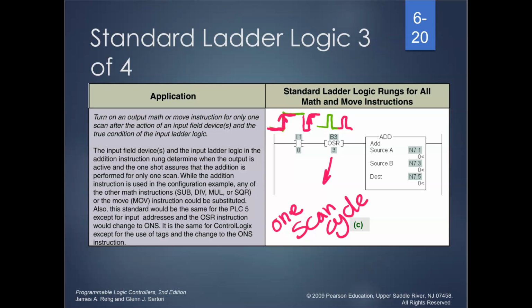As I told you, it might not seem necessary to use OSR or another type of one-shot instruction in this case, where you are adding two constant numbers together and saving the value at the destination. But for some applications, it is very necessary. I'm going to show you an application.